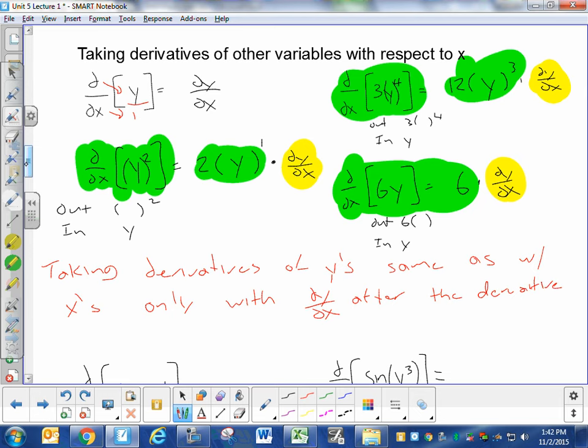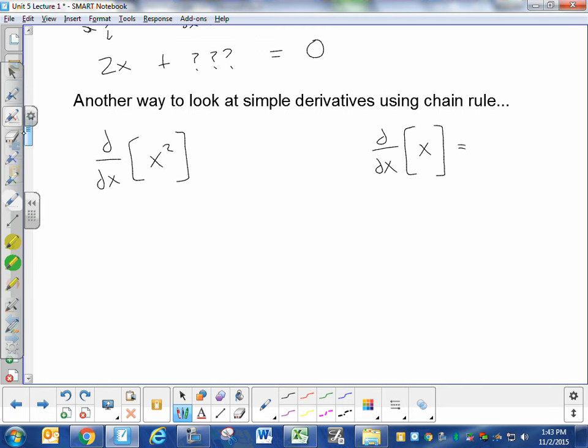Now, what's interesting, you don't have to write this down, you just kind of have to look at it. There's another way to take this derivative of x squared using the same procedure. If I turn this into a chain, I would take the derivative of the outside, leave the inside, and then multiply by the derivative of the inside x. Well, we could say that the derivative with respect to x of x is, using this multiplication technique, dx over dx.